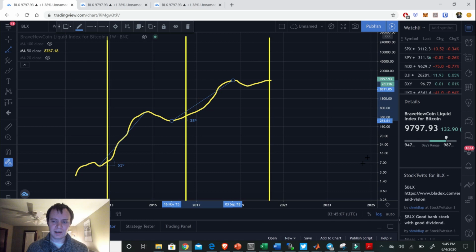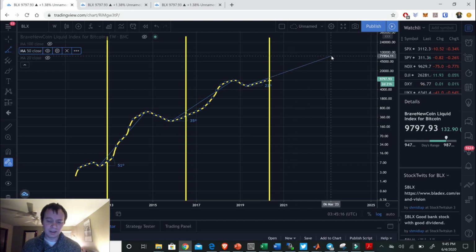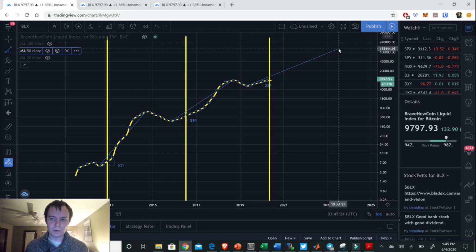Now we're going to take another move, but this time from the bottom here, and let's go out to, say, 2023, which is when we think it's going to happen. This is when we think on the channel that we're going to see a projected move. And I think we've also said that somewhere between 100,000 and 200,000, probably closer to 100,000 than 200,000, will be our next peak. So let's just put it at, say, 138,000.